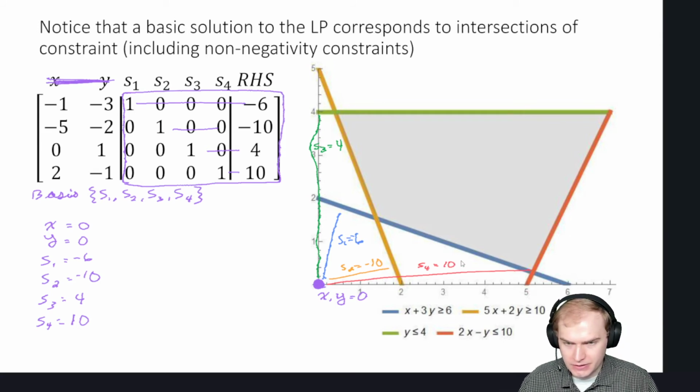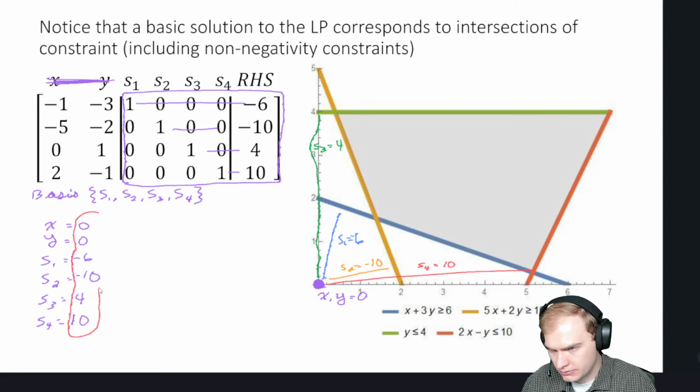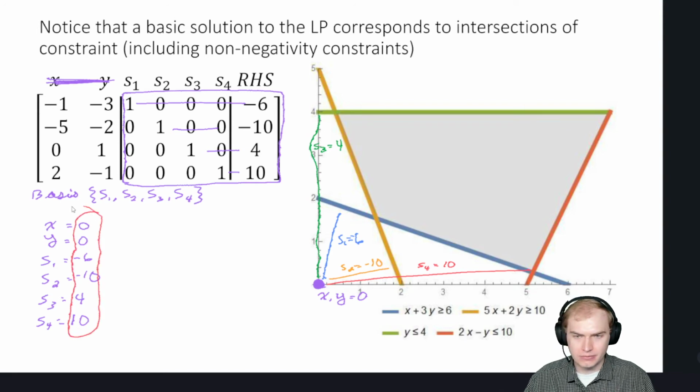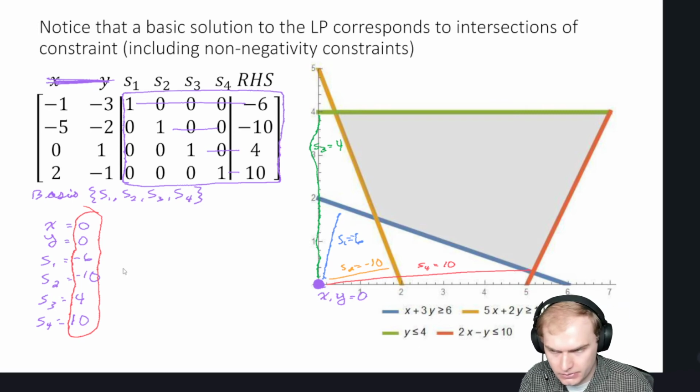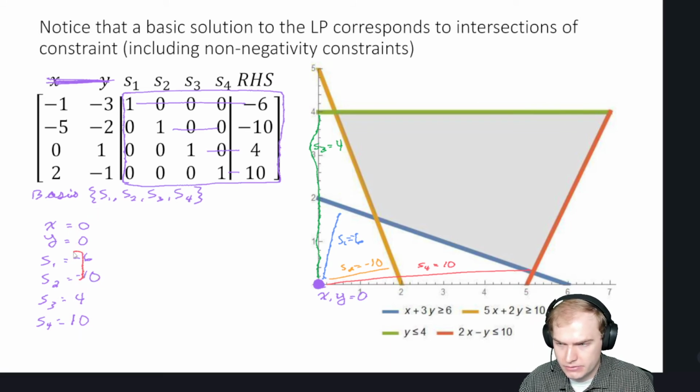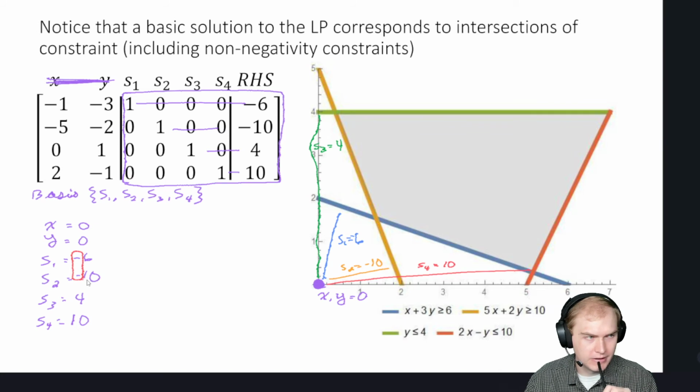Now, does anyone see why this solution is not feasible? What about these negative signs?